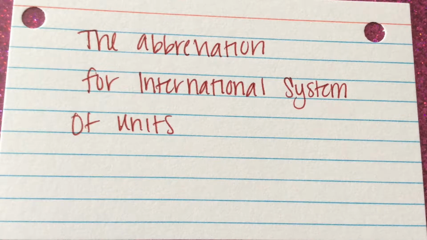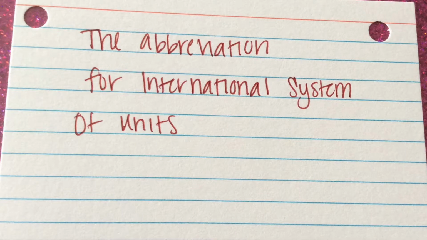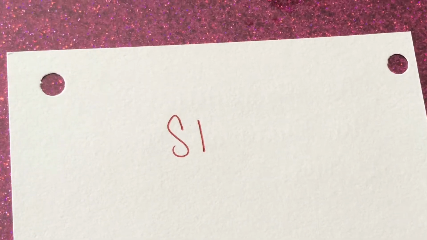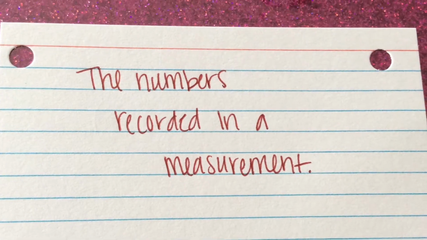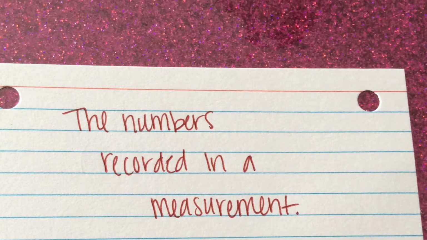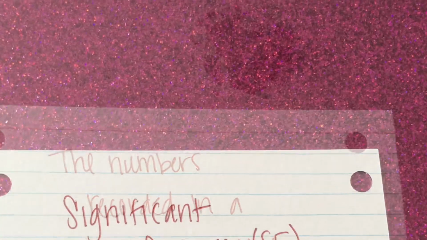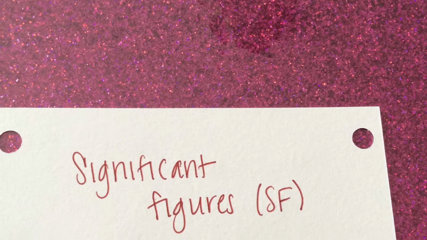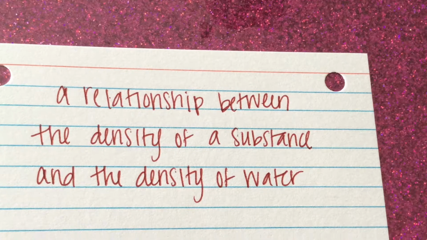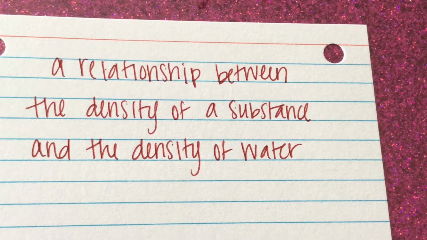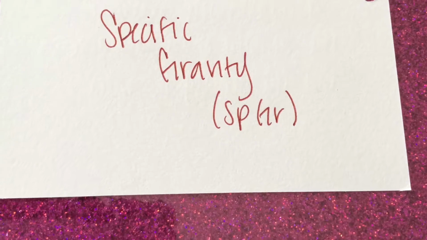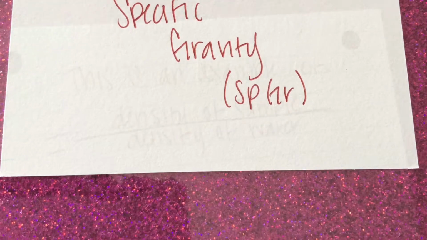Abbreviation for International System of Units. SI. The numbers recorded in a measurement. Significant figures, SF. A relationship between the density of a substance and the density of water. Specific gravity, SPGR.